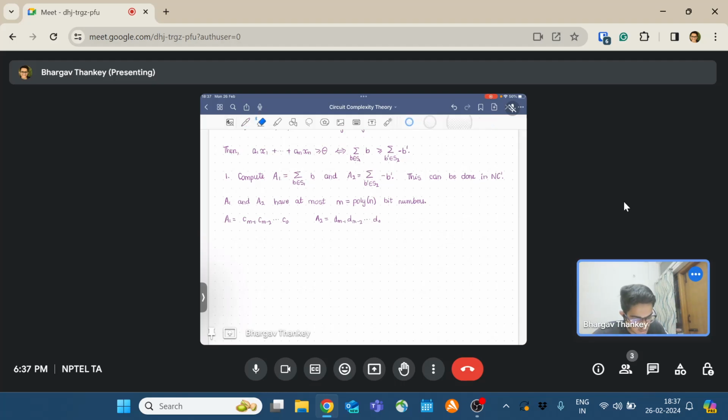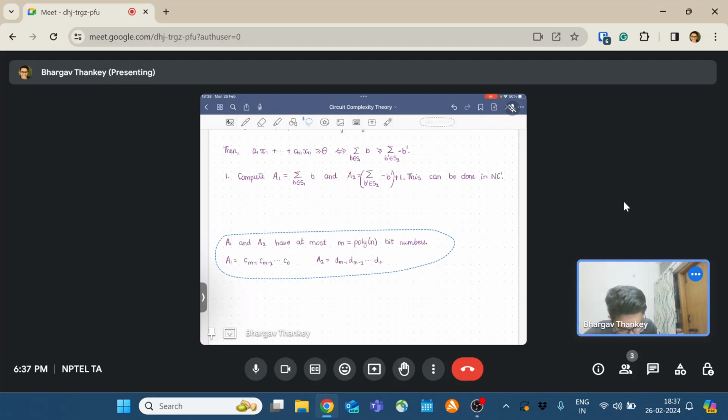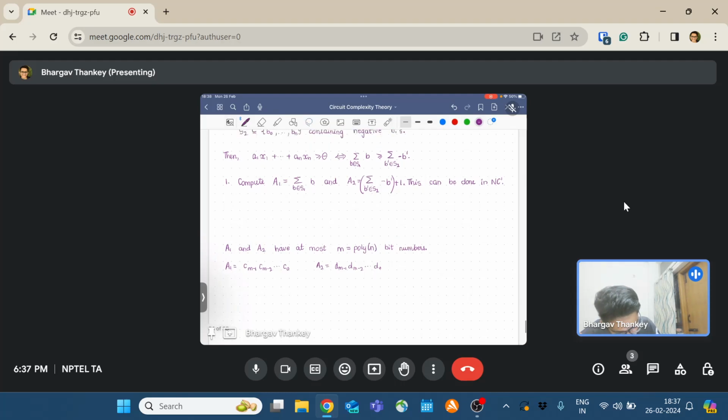Okay, let me make this a little simpler. Let me say that A2 is this quantity, this sum, plus 1. So A2 is now this one, so one is added, right?